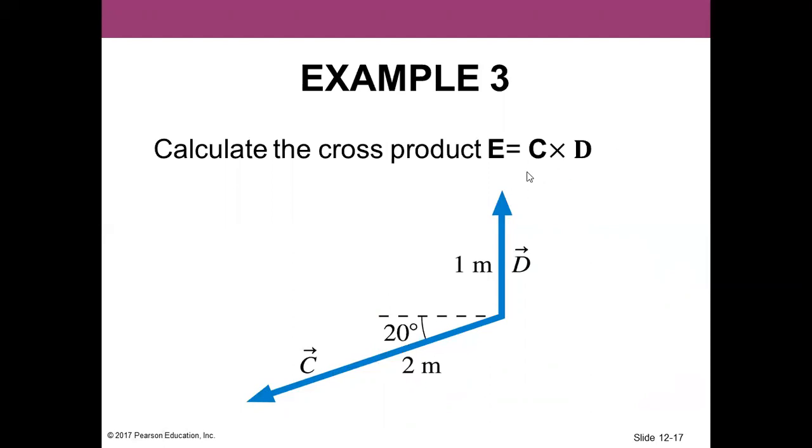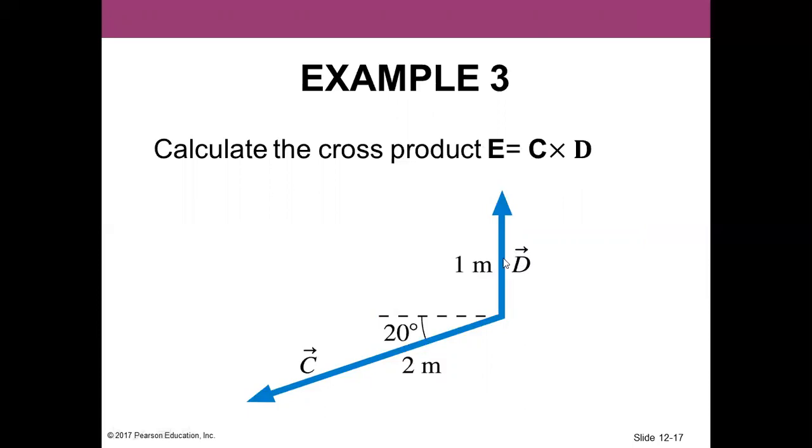Sometimes vectors are denoted by bold letters, or we put a cap on top of them. So in this question, E, C, and D are bolded. It shows that E, C, and D are all vectors.